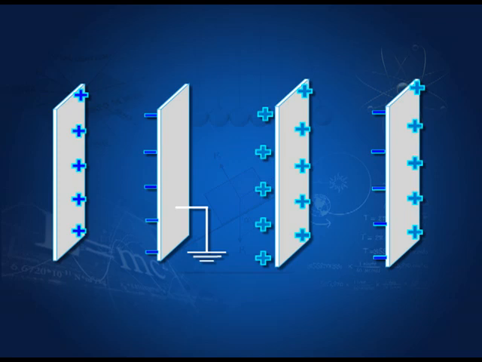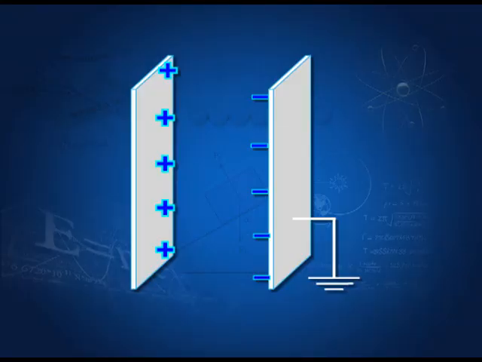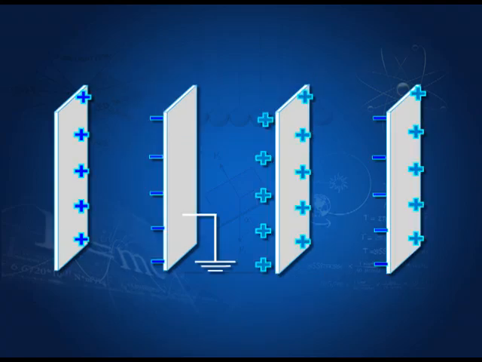Now, we earth the far side, so that all the positive charges on this plate go to the earth. Only negative charges are left. These negative charges attract all the positive charges on the original sheet, so they now appear on the side facing this plate.